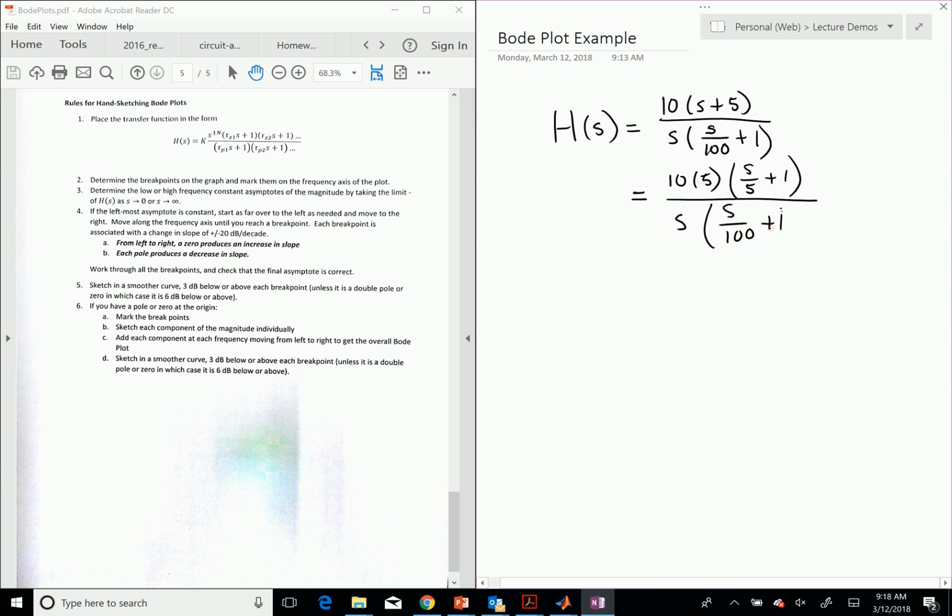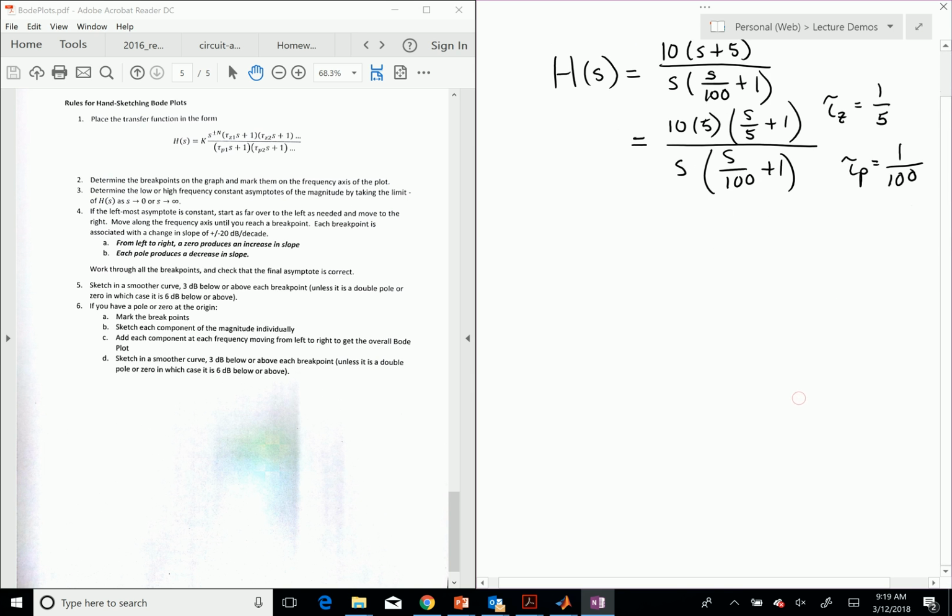Now notice, compare that to this form over here. Now I have everything with a tau s plus 1. And I can see that my tau z is equal to 1/5, and my tau p equals 1/100.